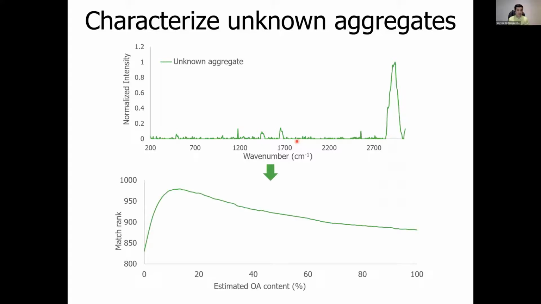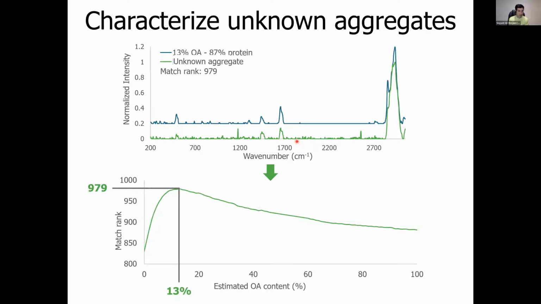And then look at that match rank number that I get for this specific example. For example, for this specific example, the highest match rank belongs to the composition of 13% OA and 87% protein. So this aggregate is 13% OA and 87% protein.